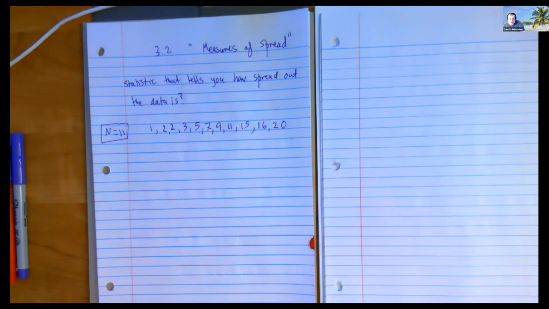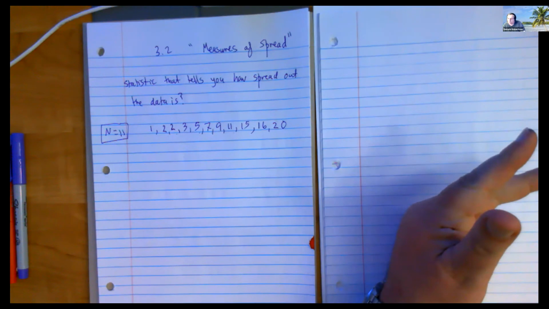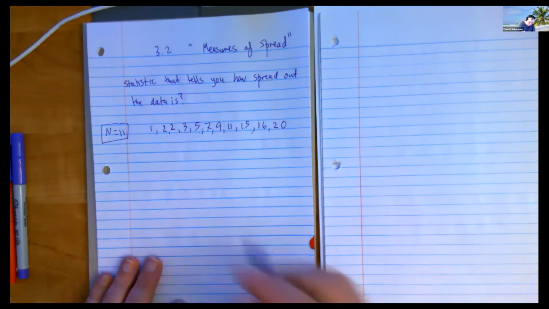Here is a set of data, and we are going to find a statistic that measures how spread out the data is. There were 3 measures of center, right? In no particular order: mean, mode, and median, right? All start with the letter M. Mean, mode, median. There are 3 measures of spread.